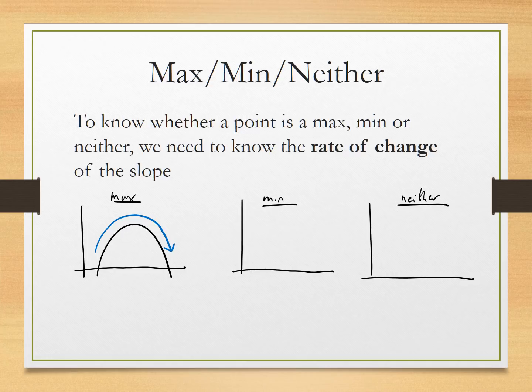The slope is going from positive to negative, so slope is decreasing. For minimum, the function is going from decreasing to increasing, so slope is increasing.